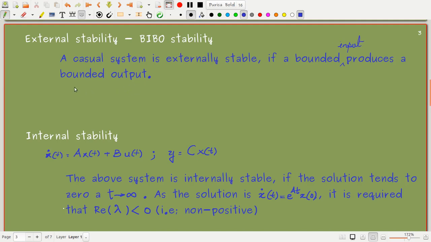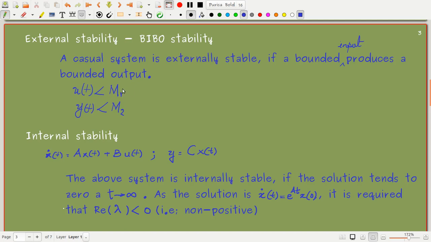Bounded input means u of t is bounded by some m1. Then y of t will also be bounded, by m2, and then the system is stable. This is the bounded input, bounded output stability of the system.